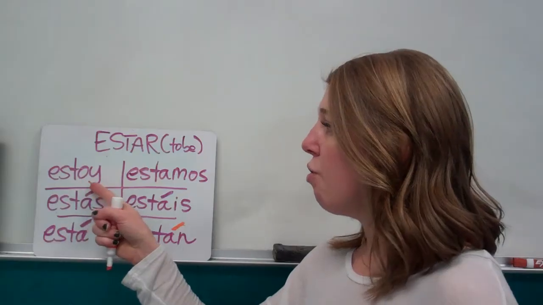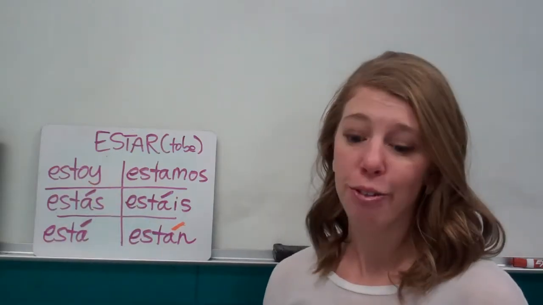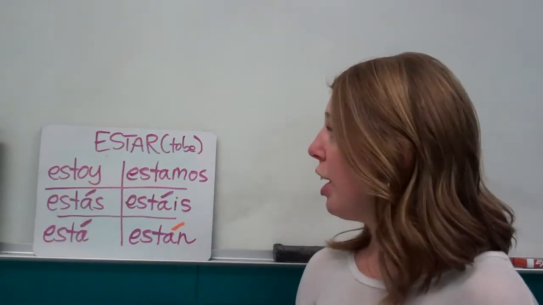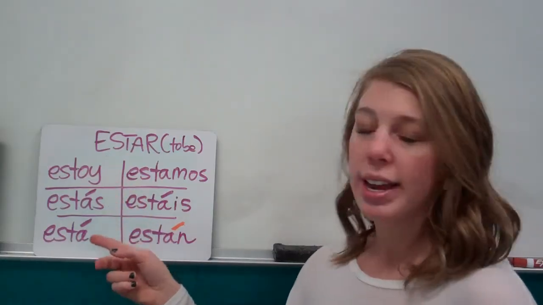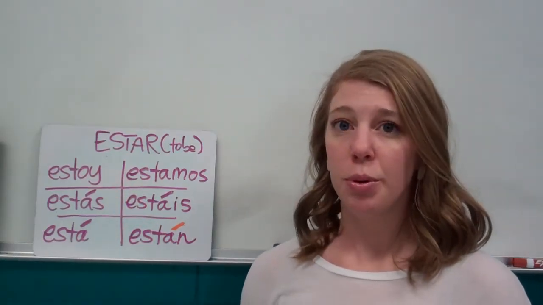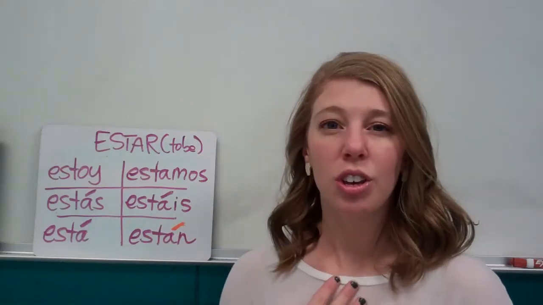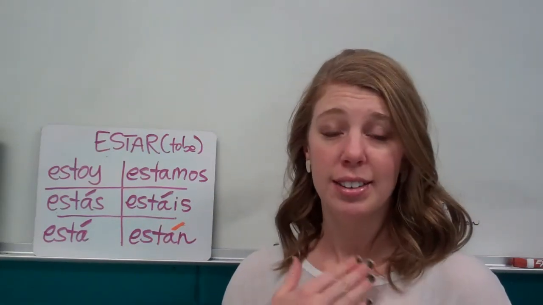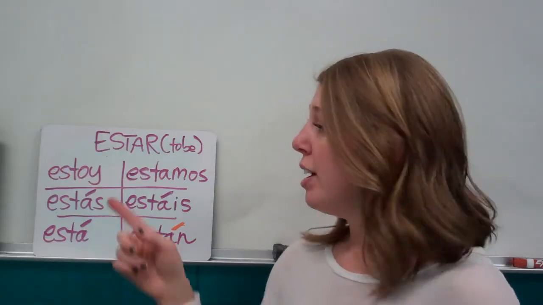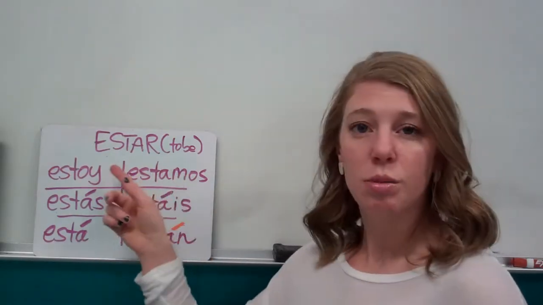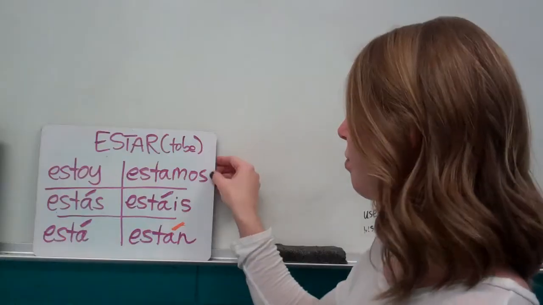And also the yo form gets a y. We really don't know why. But that's estar, it means to be, so I am, you are, he is, she is, and they're very temporary things. Don't forget your accents. Whenever you talk, you don't really have an accent. So all the ones with the I's, they don't have accents.